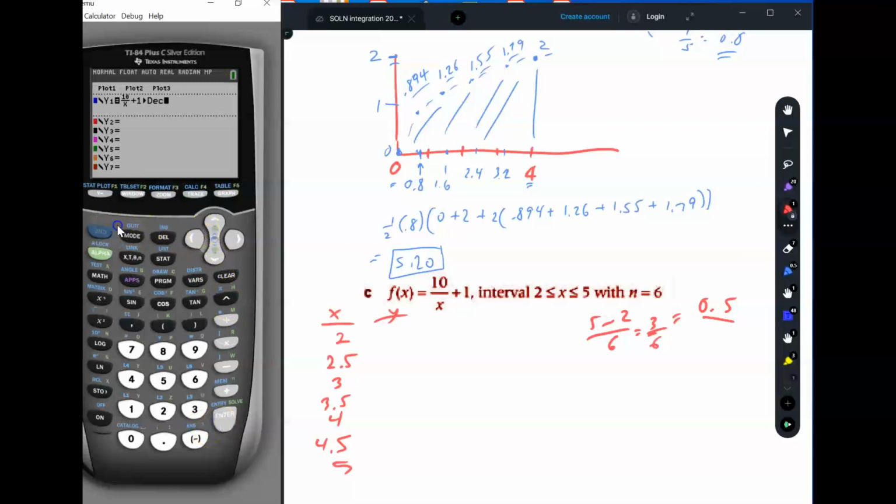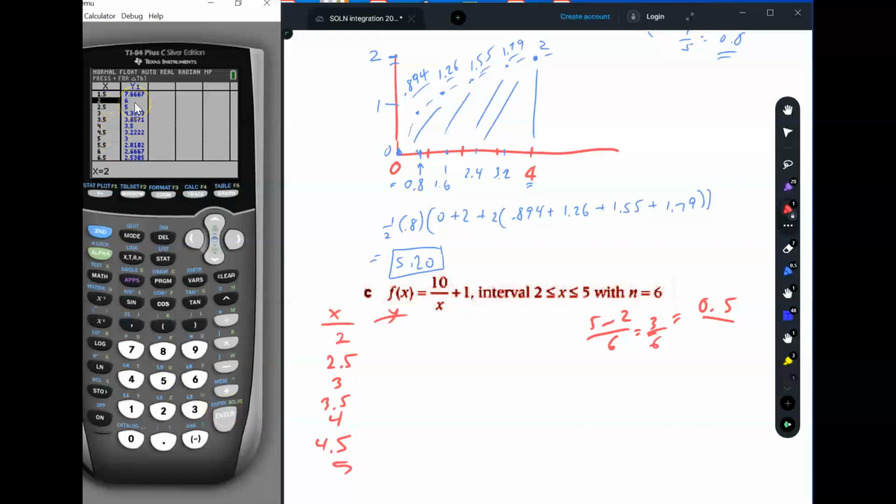Okay, so let me look at the table again. And then I'm going to go down to my starting point of x equals 2, and then I'm going to count by 0.5s. How do I count by 0.5s? I press plus 0.5.